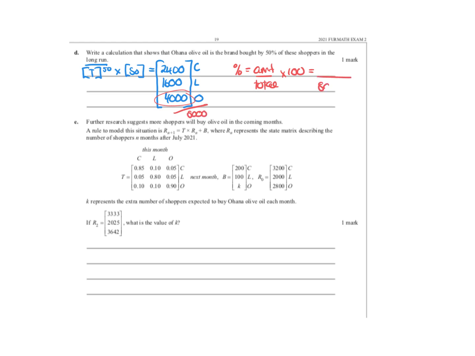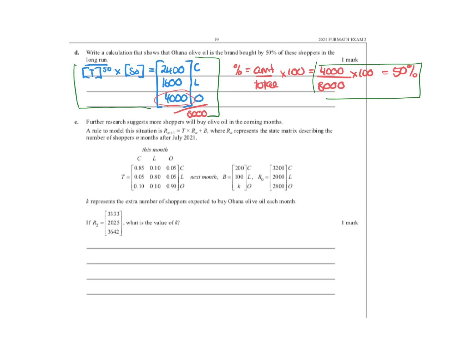So we say, all right, 8,000, and they want to show the percentage of the O. If you look there, there's 4,000 of the O, which, times 100, you'll end up with 50%. So what you needed to show here is first the long run, and then just that 4,000 divided by 8,000 is 50%.